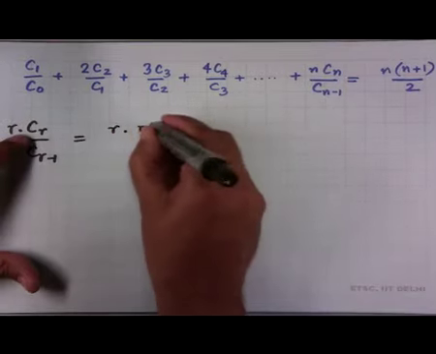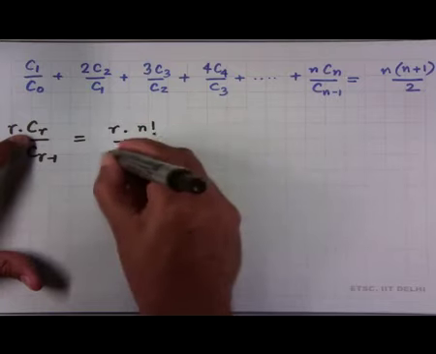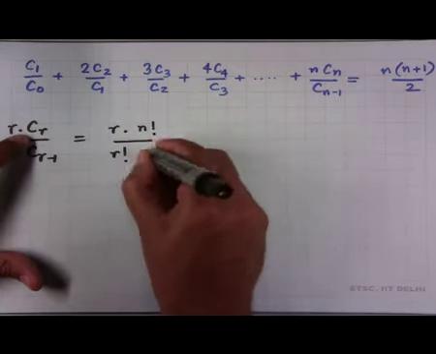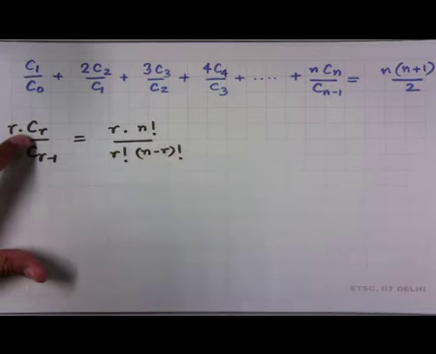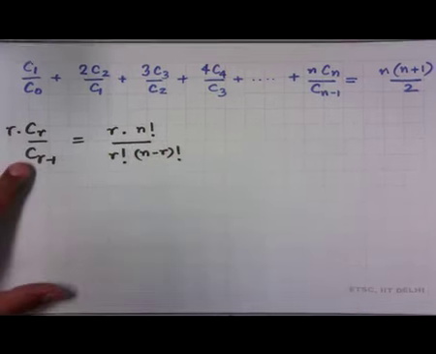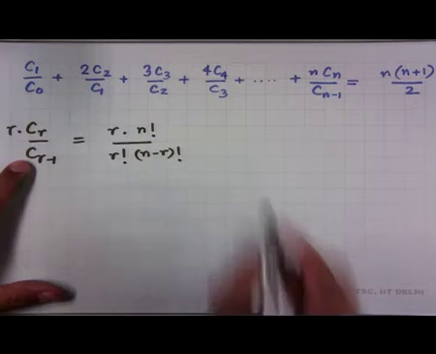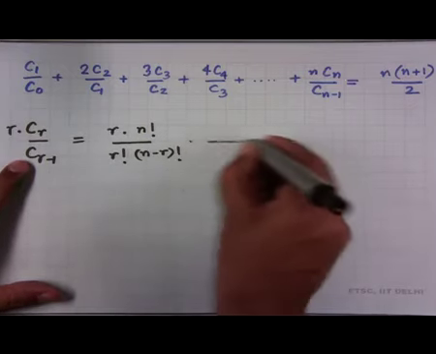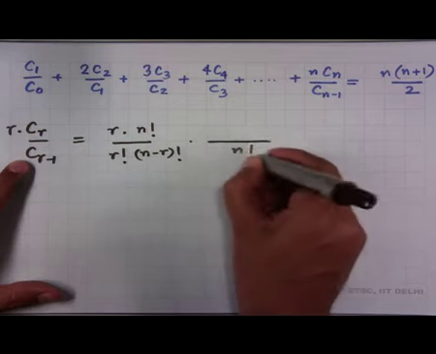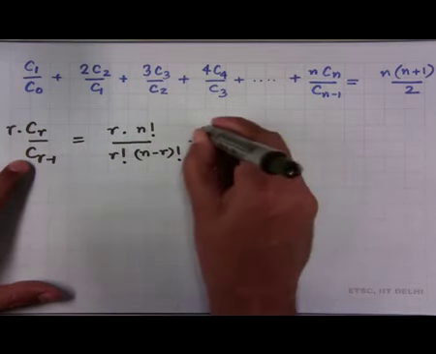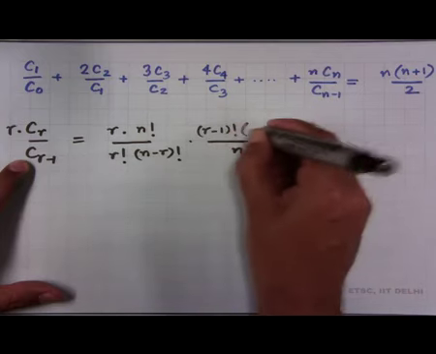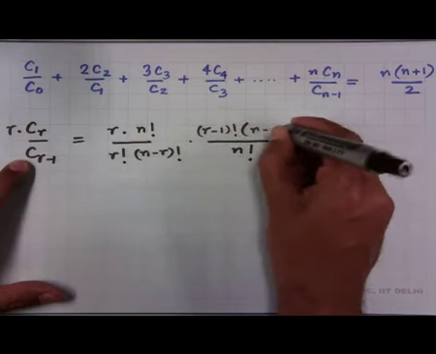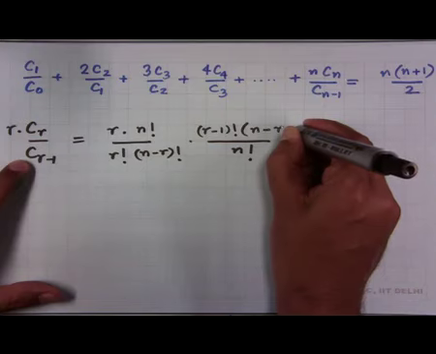CR is factorial n by factorial r by factorial n minus r. And CR minus 1 is factorial n by factorial r minus 1 by factorial n minus r plus 1.